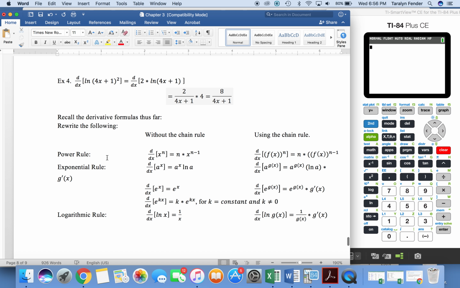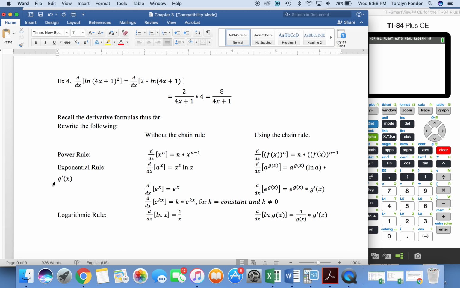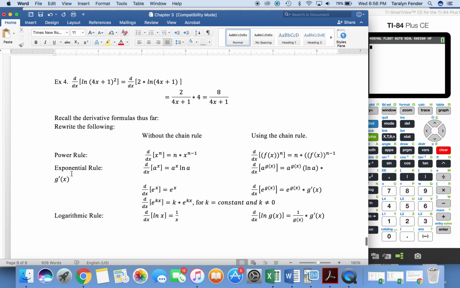Now here's the power rule, exponential rule, g prime of x, and actually that g prime of x goes down here. So let me make this bigger so it'll fit back over here. And the logarithmic rule. So the power rule is real simple. X to the n is equal to n times x to the n minus 1.